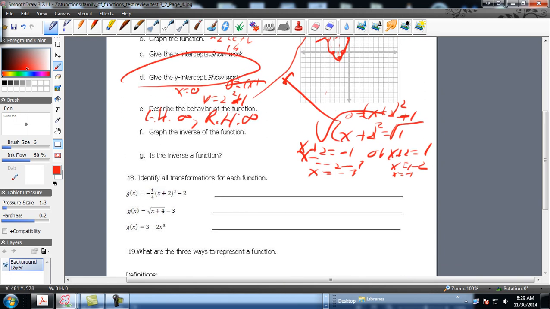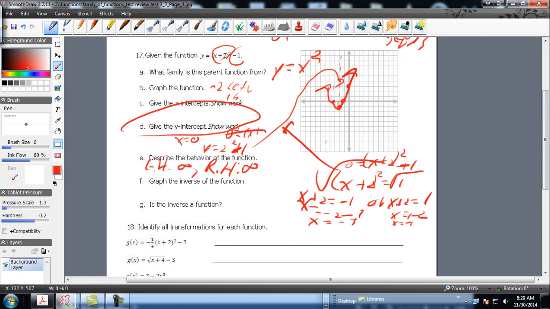Got it? Graph the inverse of the function. Well, the inverse says find 3 dots and just switch them. You know your vertex was minus 2, minus 1, so let's make it minus 1, minus 2. The other dots: I had a y-intercept of 0, 3, so now we have a dot of 3, 0.